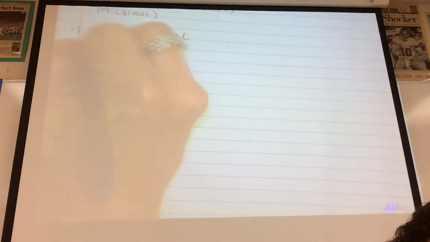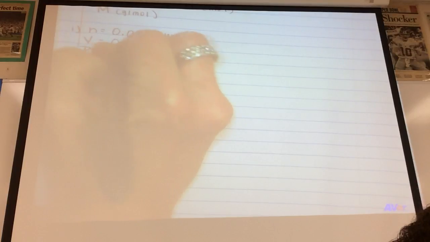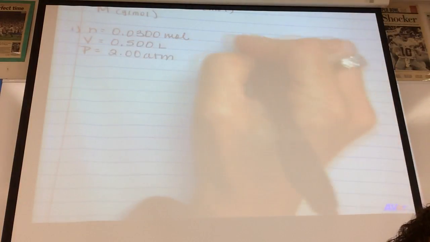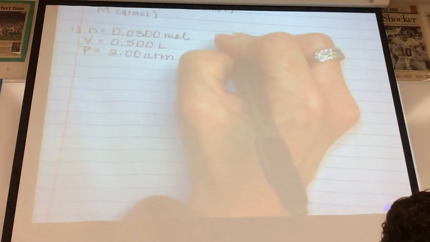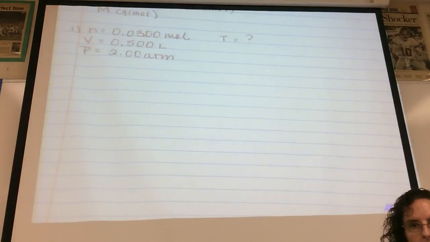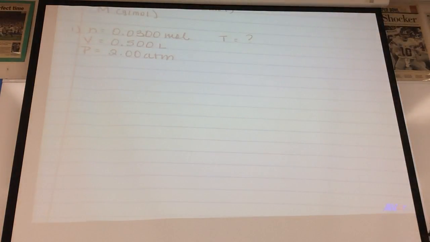The volume is 0.500 liters. The pressure is 2 atmospheres. The temperature is what we're solving for, and they didn't specify how they want the temperature, so you really can keep it simple and solve it in Kelvin. Don't make more work for yourself.